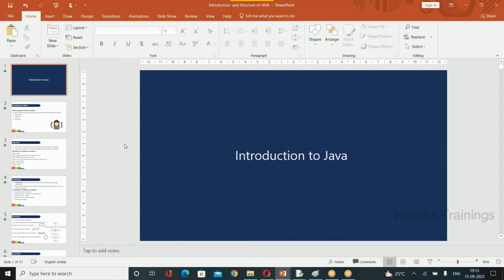Before going to the session, I think you know the syllabus. The syllabus is mainly divided into two parts. One is core Java, that is the basic Java. Second one is advanced Java.